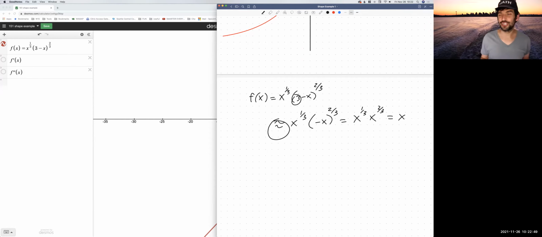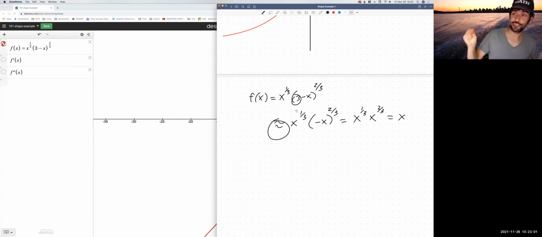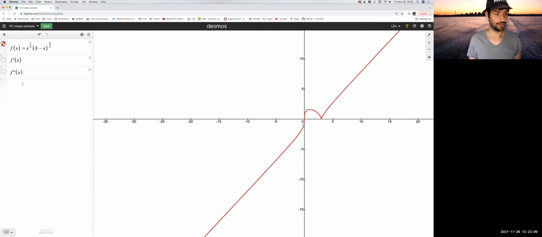But for really large numbers, that 3 doesn't change very much. Try putting in a billion for x and taking x to the 1/3 times (3 minus a billion) to the 2/3. It's like just barely 999,999,999.9 or something like that. You can throw that in and see what happens. In fact, let's just do it right here. See, even at 100, we're getting close to 100.